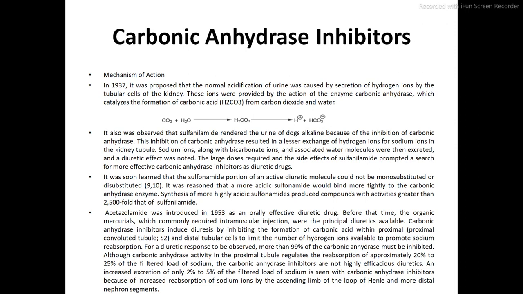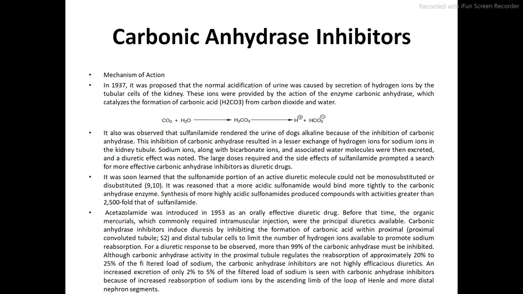So what we have discussed is that the carbonic anhydrase enzyme catalyzes the conversion of carbon dioxide and water into carbonic acid, and that carbonic acid donates the proton and makes the urine acidic.